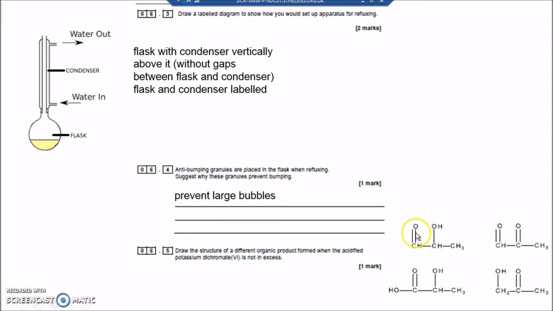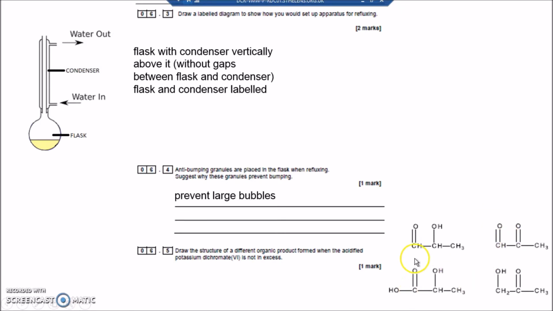Here you've got a carboxylic acid group, and this OH hasn't turned into a ketone. Or the carboxylic acid group hasn't formed, it's formed an aldehyde group here, and this one has stayed as an OH. You could say that one's turned into an aldehyde and this one's turned into a ketone, but this one hasn't quite turned into a carboxylic acid group.